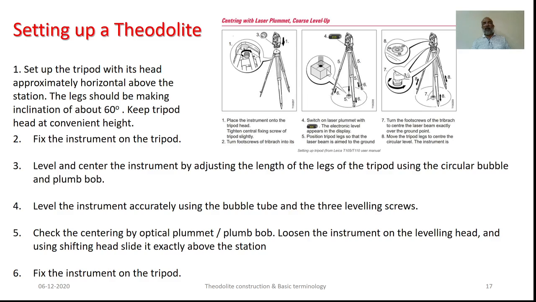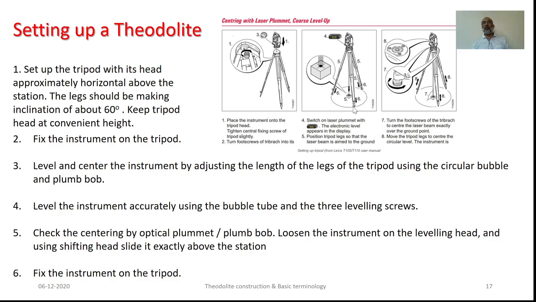Then we make use of the legs. We move them radially and circumferentially so as to have the leveling and centering done, using a plumb bob attached at the trivet.